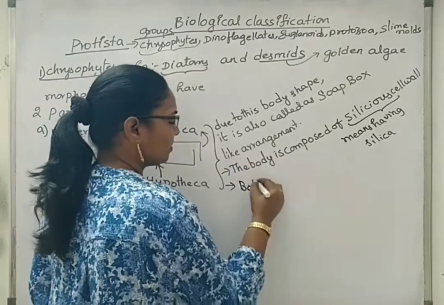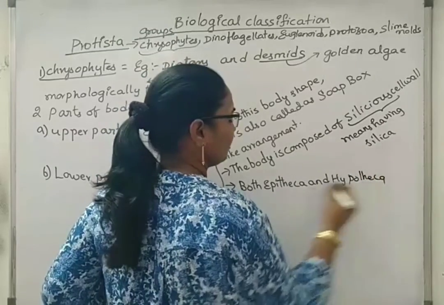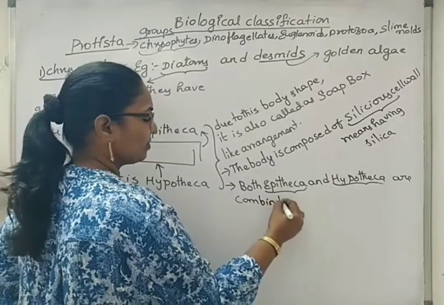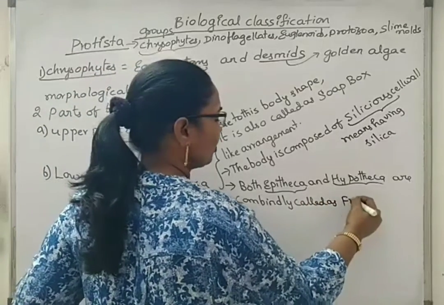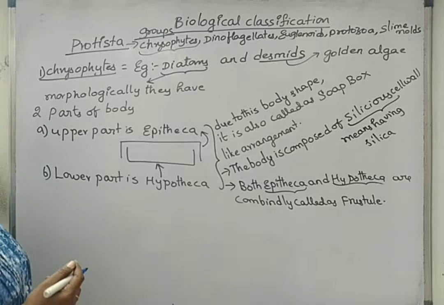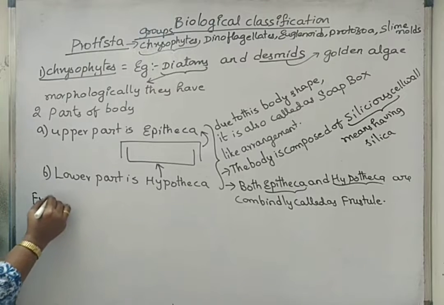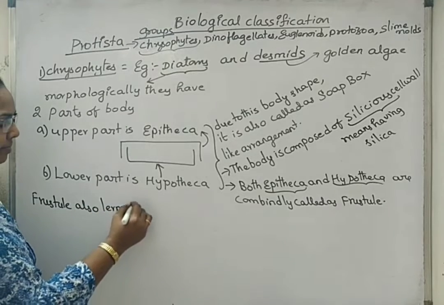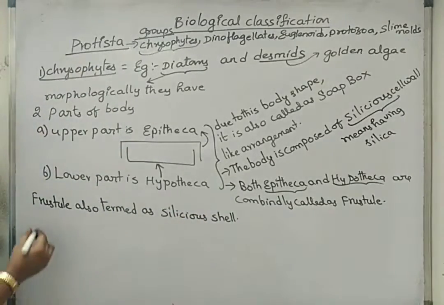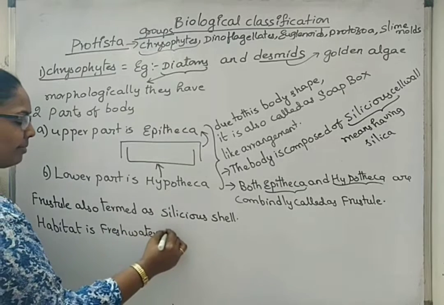Next, both epitheca and hypotheca are combinedly called as frustule. Frustule is also termed siliceous shell. Habitat is fresh water and marine water.